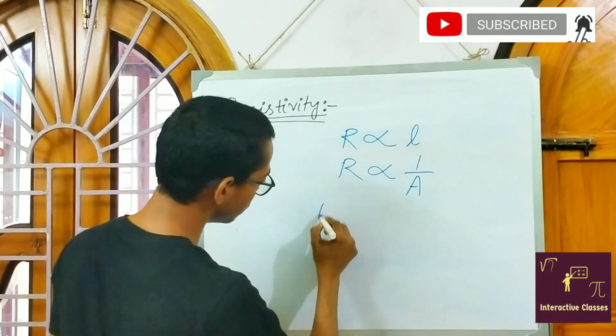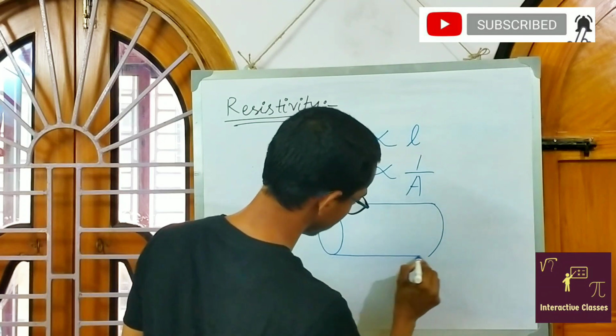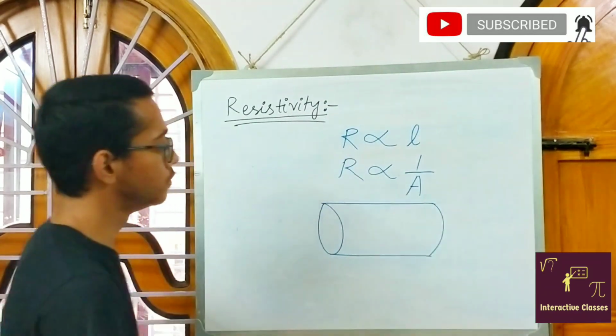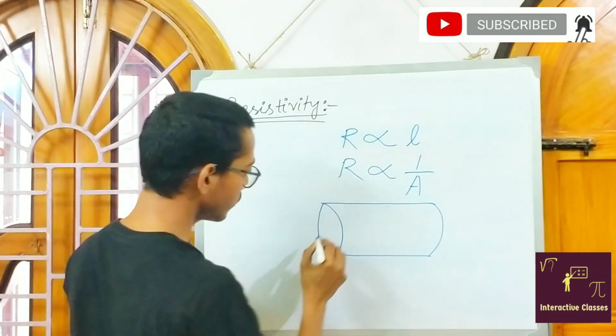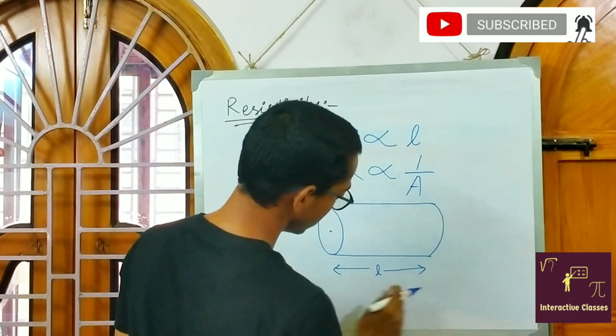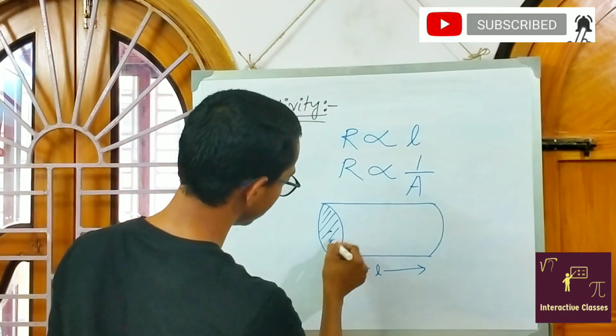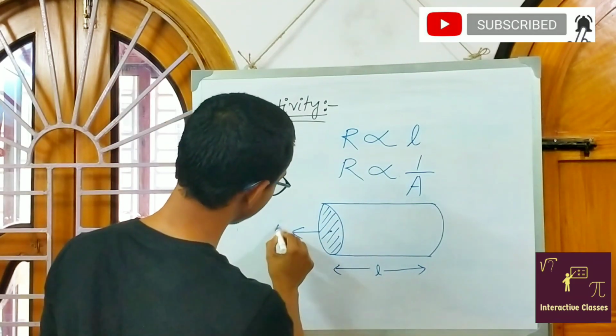Suppose this is a conductor, and this is L, the length of the conductor, and this part is the area of cross section A.